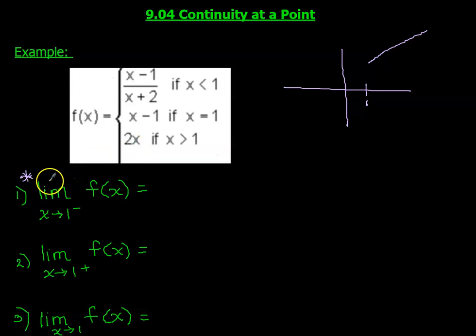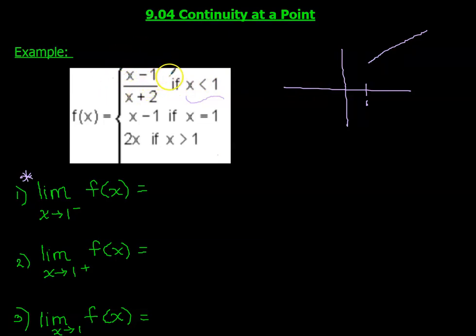So for instance, if I'm looking for the limit of this function as x approaches 1 from the left side of the graph, please note that where x is less than 1, that's to the left of the graph. That's the left side of the graph because all of the numbers less than 1 are to the left. So you could use direct substitution.